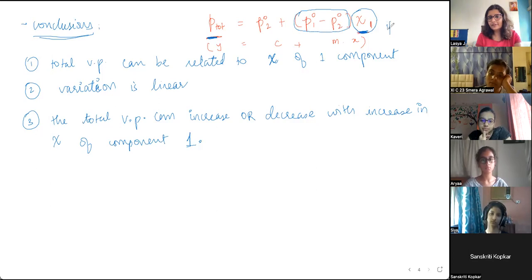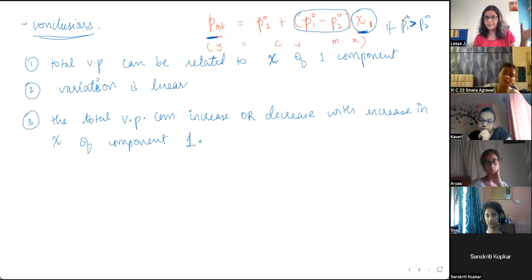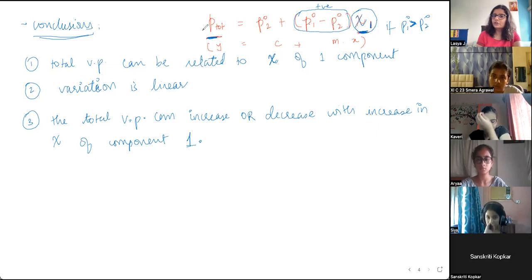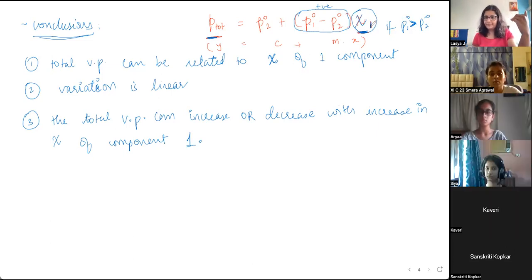So if P1 naught is greater than P2 naught, अगर P1 naught का vapor pressure ज़्यादा है, मतलब this is a more volatile liquid, आसानी से vaporize हो रहा है. Then this minus this overall positive value रहेगा. So as long as you keep increasing the fraction of component 1, total pressure भी increase होता ही रहेगा. Right? So this is multiplied by this.